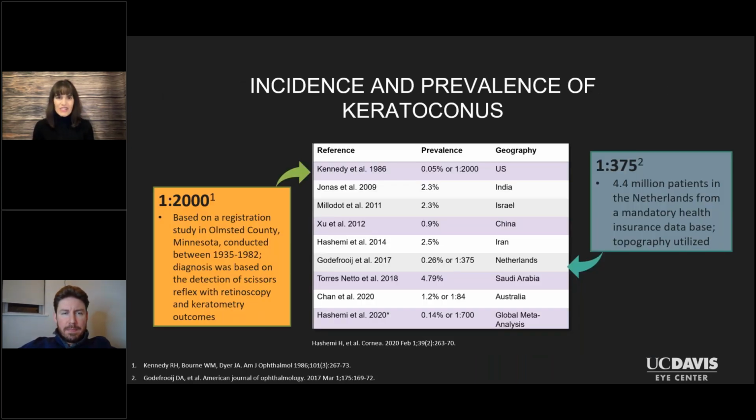So how prevalent is keratoconus, John? What studies do you look at? So we've all heard that 1 in 2,000 study that was out there. And then if you look at all these different studies, and I will focus here on the global meta-analysis, keratoconus is actually more prevalent than we think. Now, I work in a few different locations.